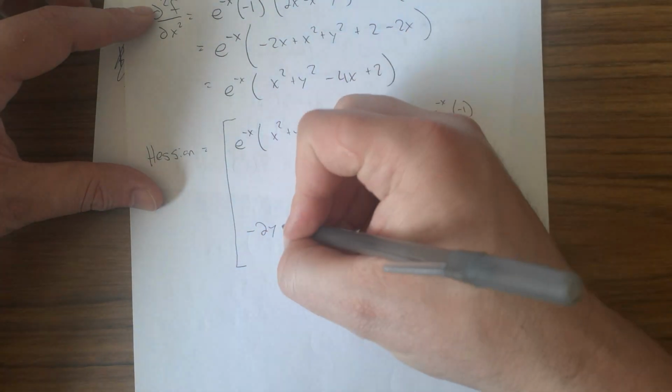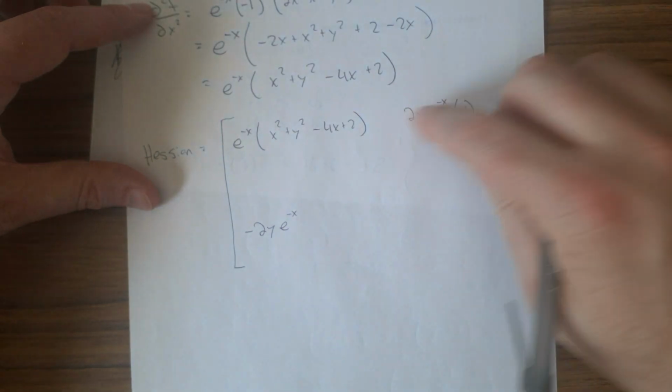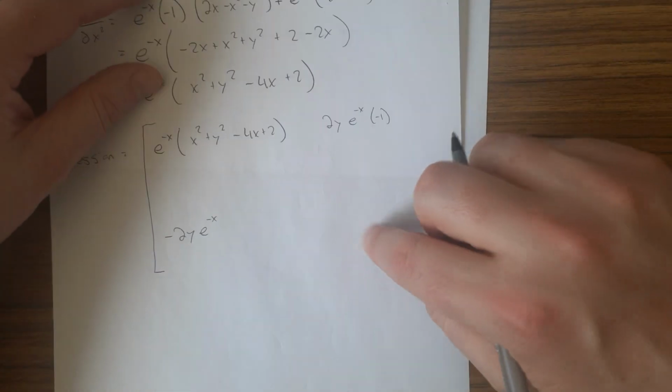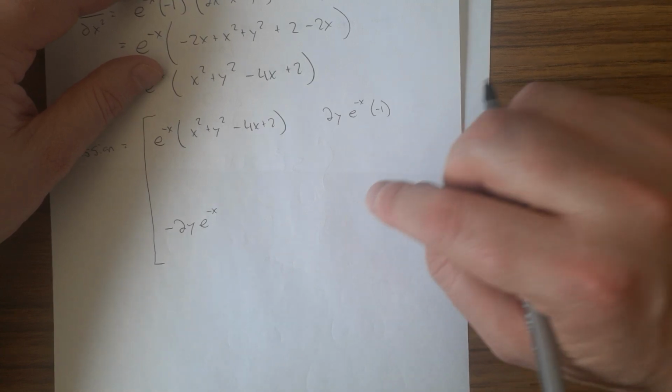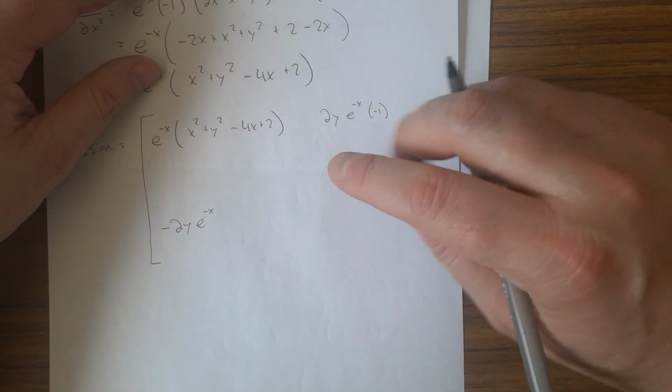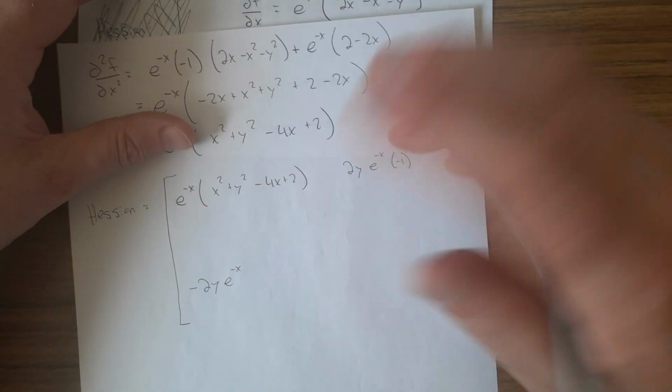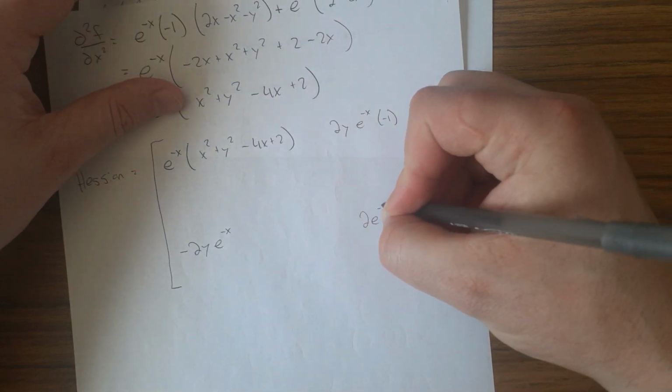Actually, I'll simplify it when I put it down here, just to put the negative in front. And then what goes down here is the derivative with respect to y, and then y again. I'm doing the derivative of this with respect to y, which is just going to take the y off, so 2e to the negative x.